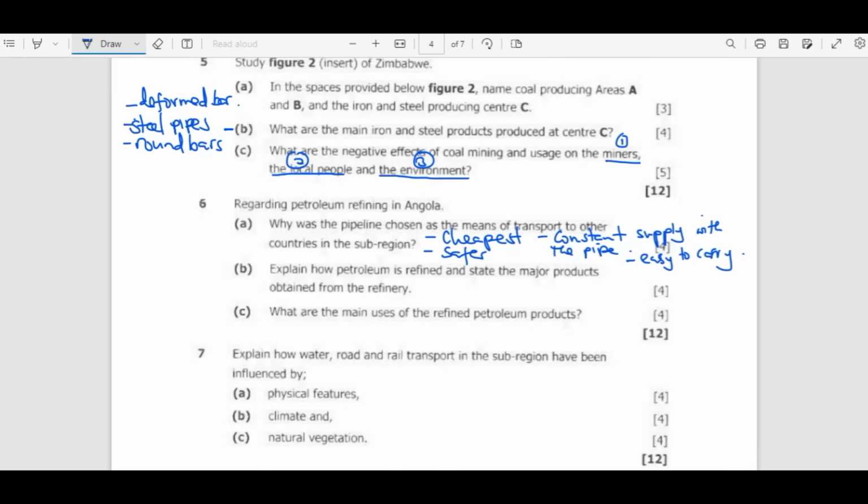So we are looking at the steps. Number one, petroleum is refined by a process known as fractional distillation. So fractional distillation is used to purify or to refine petroleum.